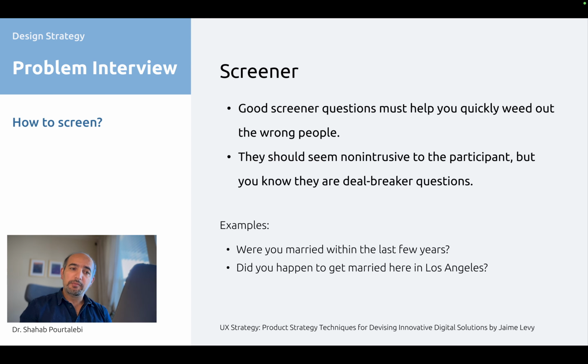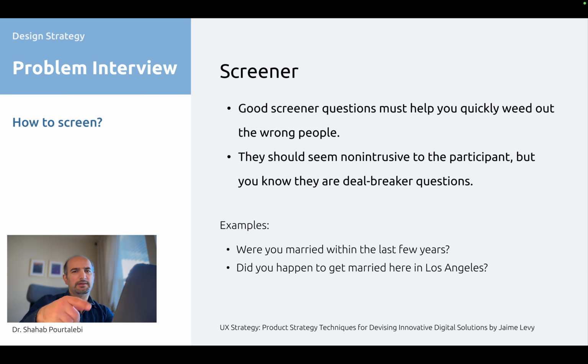A good screener question must help you quickly weed out the wrong people. Obviously, they should seem non-intrusive to the participant, but they are deal-breaker questions. Again, these are from this book, and the example is from this book as well.